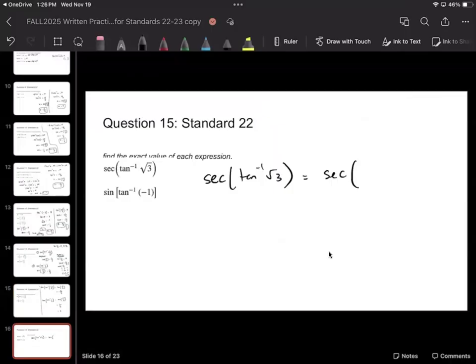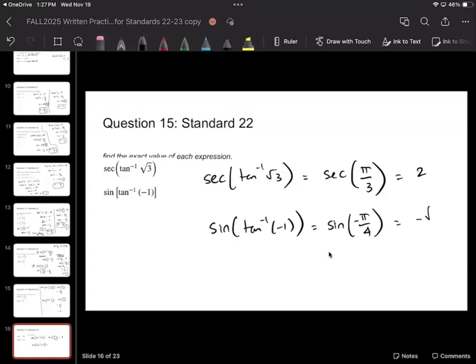It's in quadrant 1, pi over 3. Secant pi over 3 is 2. Sine of tan inverse of -1. Tan inverse of -1, quadrant 4, it's negative pi over 4. Sine negative pi over 4 is negative root 2 over 2.